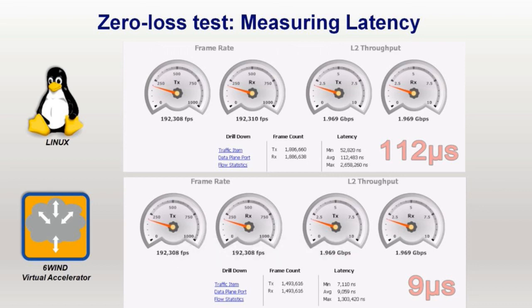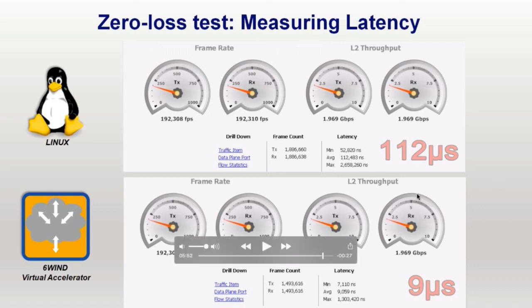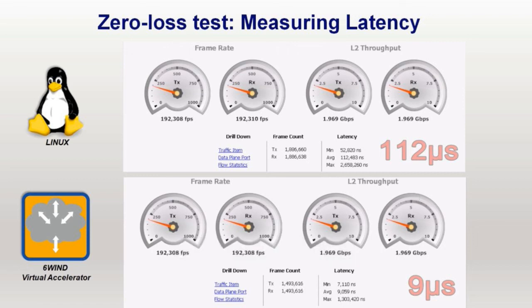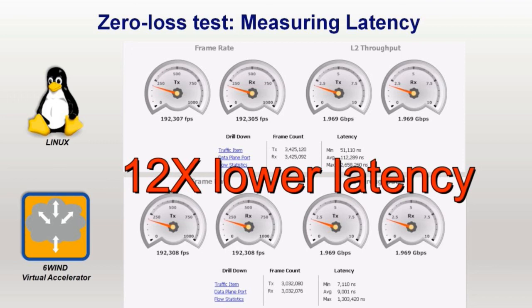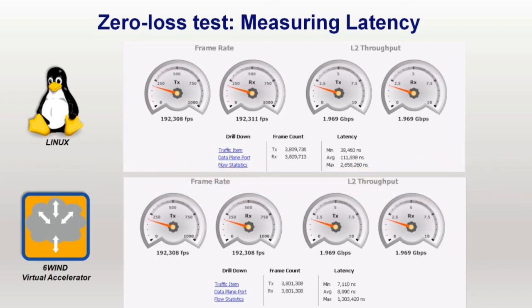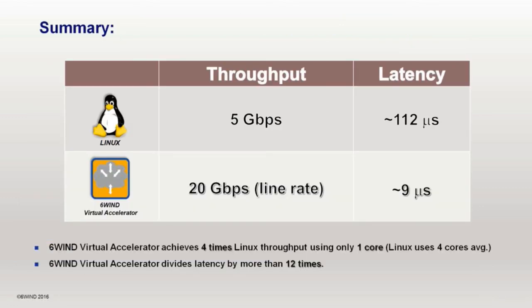When we run it with the 6WIND Virtual Accelerator, the same setting, no modification, same VXLAN setting, same security group, no modification, we go down to 9 microseconds. So it's about 12 times better latency compared to the legacy packet processing virtual switching without any modification, and you still keep all the nice Linux capability.